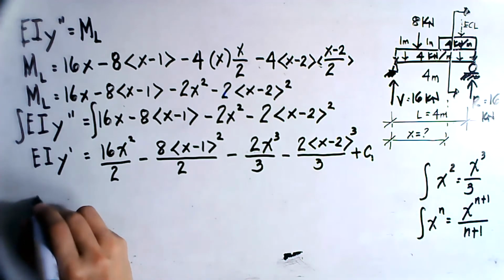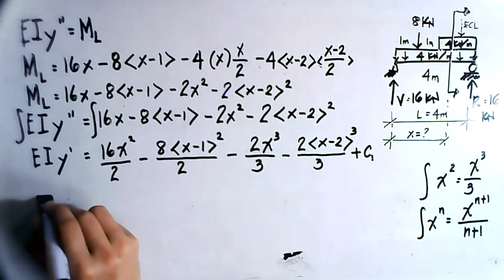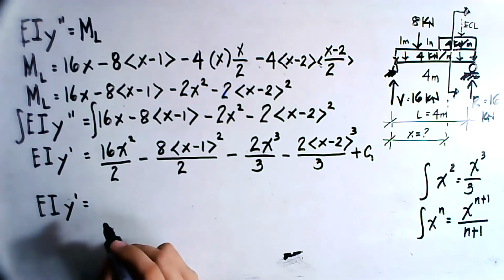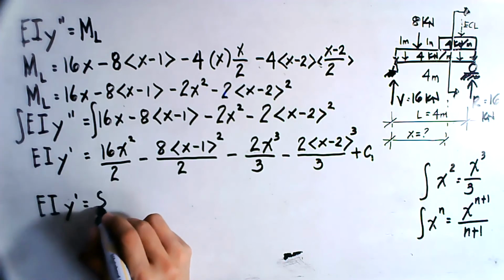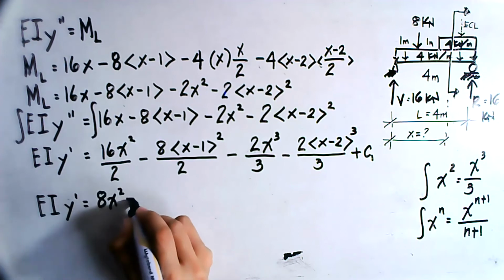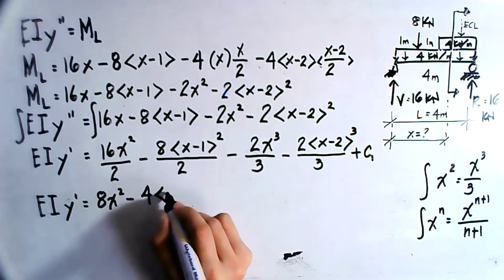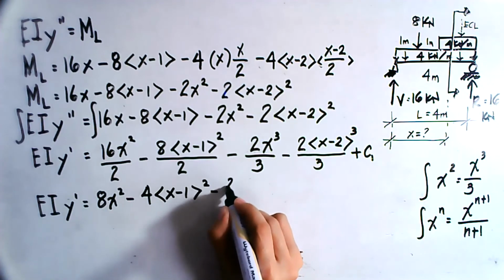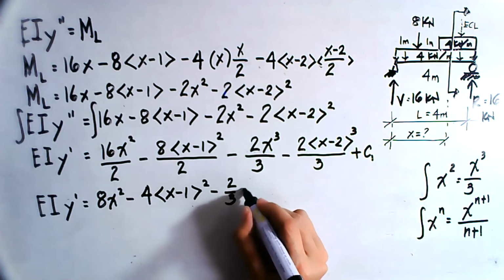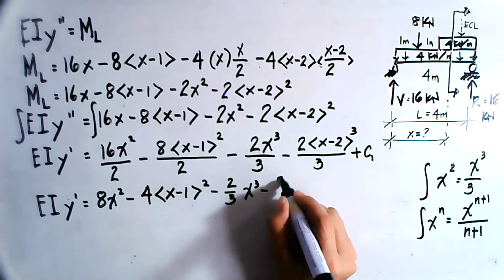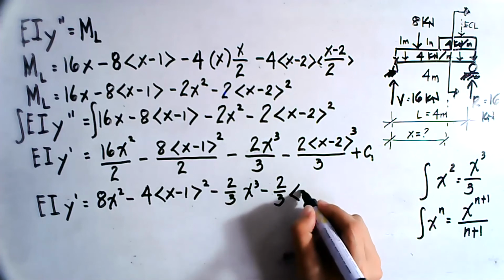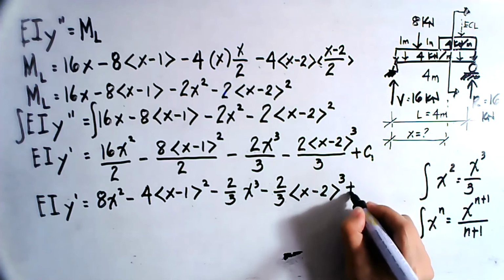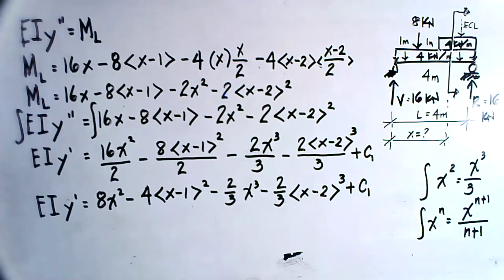If we are going to simplify the slope equation, EI y prime is equal to 8x squared minus 4 times x minus 1 squared minus 2/3 x cubed minus 2/3 times x minus 2 raised to the third power plus c sub 1.